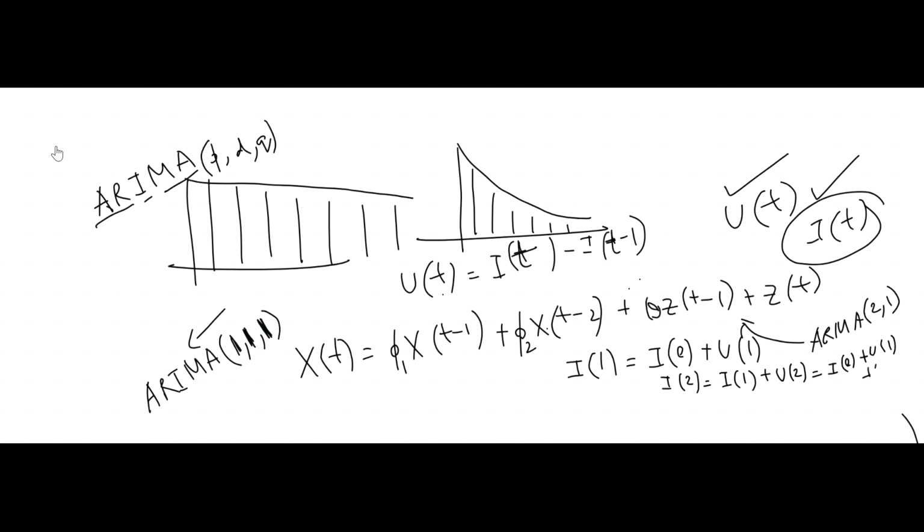That means this I_t process is obtained by adding up the U process. I start with I_0 and add up the U process to get the I process. This addition operation is like integrating different components to form a whole object. That's why this term is called integrated.